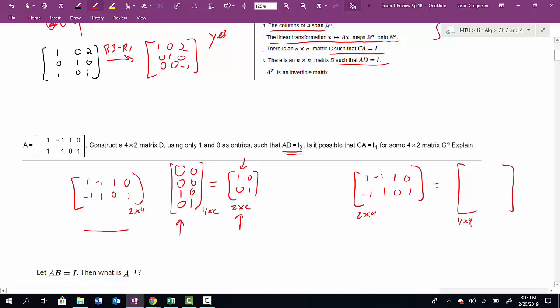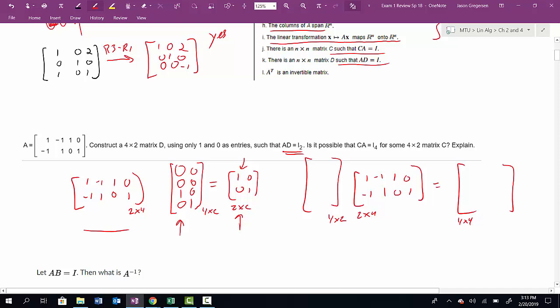So what are my new dimensions? Now I've got a matrix over here. How big does the matrix C have to be? It's got to be 4x2. Now I've got a 4x2 matrix over here.